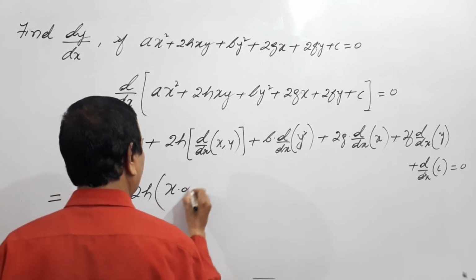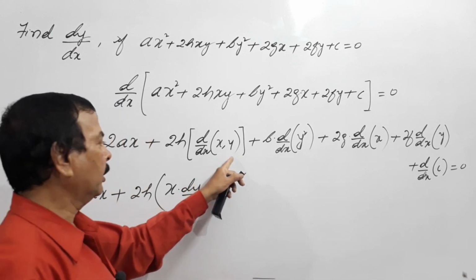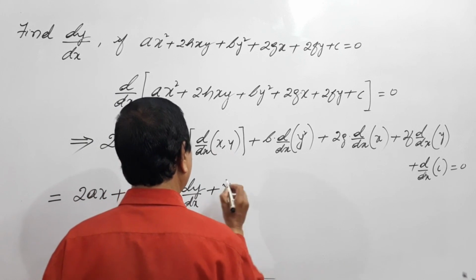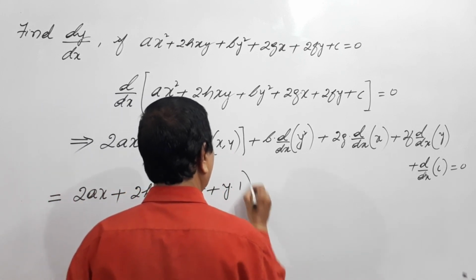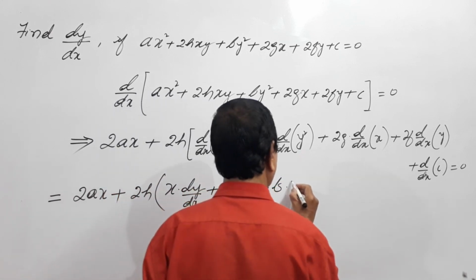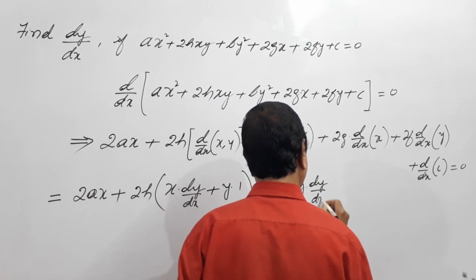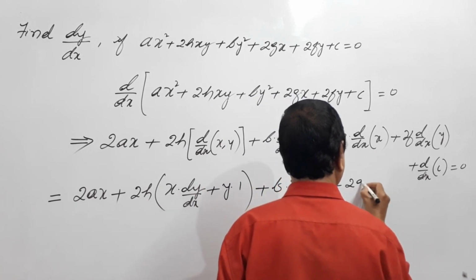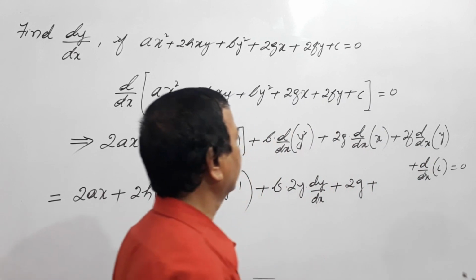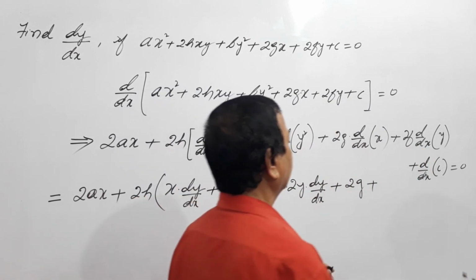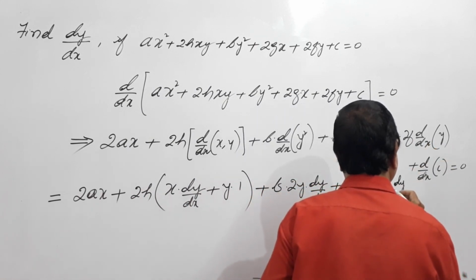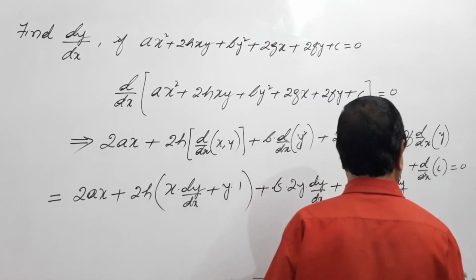This becomes x into dy by dx, if you differentiate using the product rule, x keep it as it is, differentiate y, it becomes dy by dx, plus I'll keep y as it is, d by dx of x is 1, plus b into this becomes 2y into dy by dx, plus 2g, d by dx of x is 1, and this becomes what? 2f into d by dx of y is dy by dx, and this becomes constant, that is equals to 0.